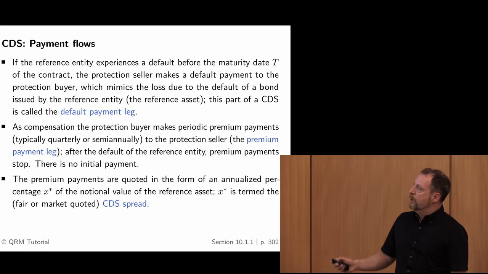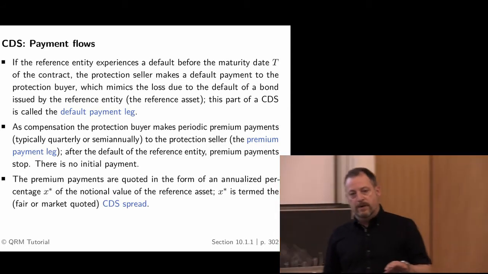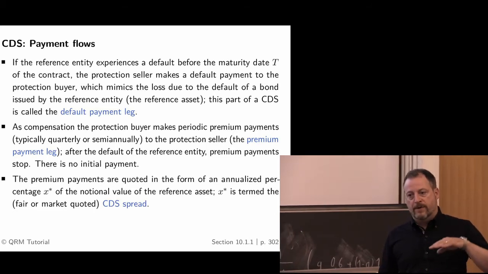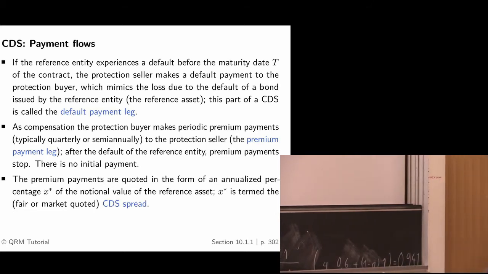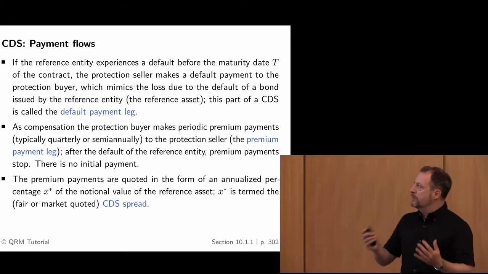In this swap, there is no initial payment. It has to be decided at the outset what is a fair premium. So the fair premium, or the fair swap spread, is decided at the outset. Usually they're quoted as a percentage of the amount of the protection.